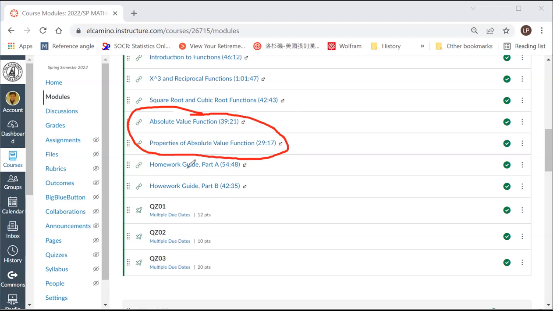This absolute value function is omnipresent, because this function is very, very important. You don't know how many students lost points because of the lack of understanding of it.